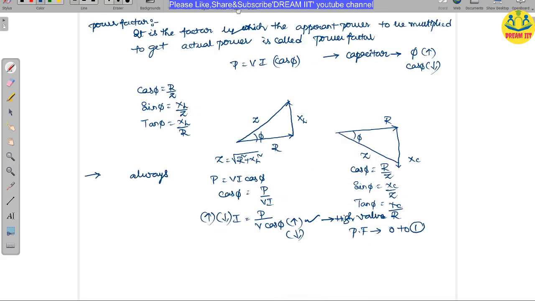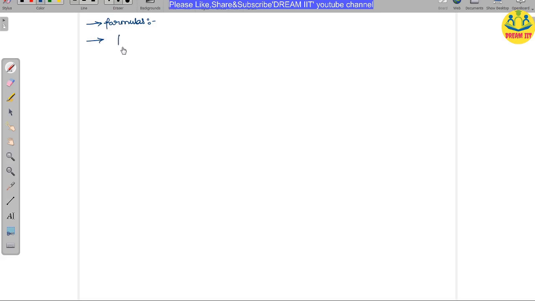For power, we have also given all the formulas. Let us write the power formulas here. First is active power or real power, P, which is VI cos phi, and the units are kilowatts. Reactive power is normally represented as Q, which is VI sin phi, measured in kVAR.